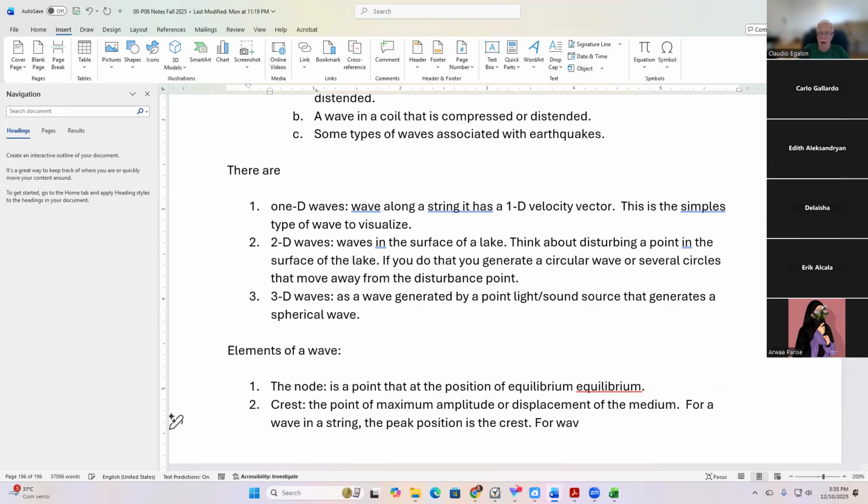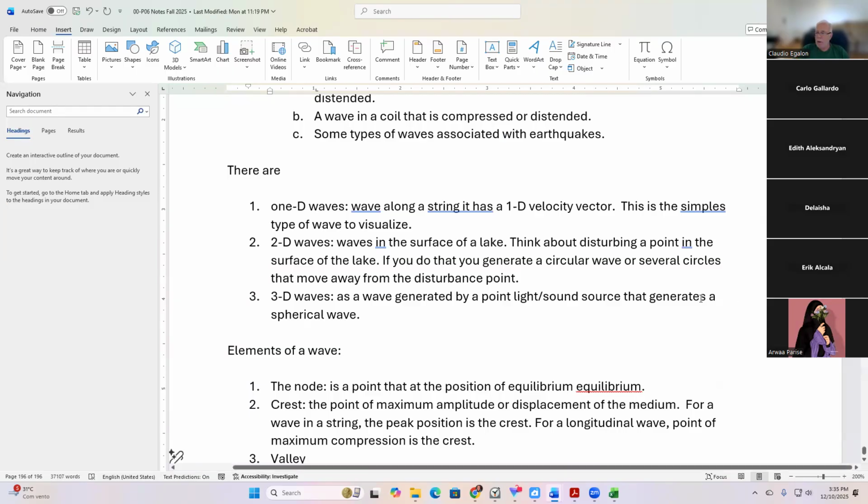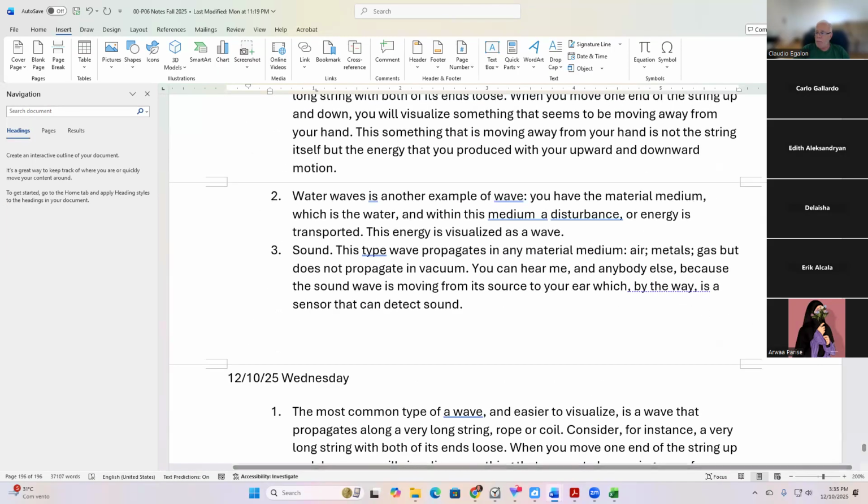For a longitudinal wave, the point of maximum compression is the crest. Okay. Valley.